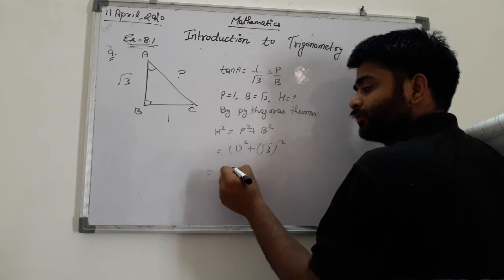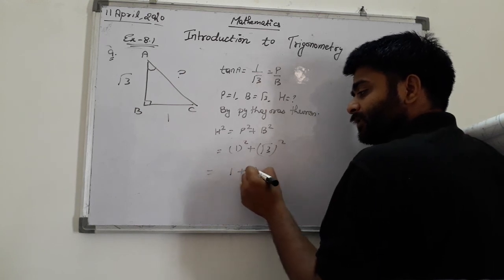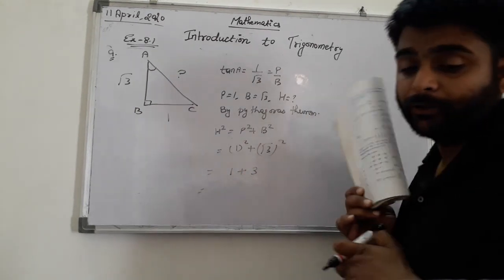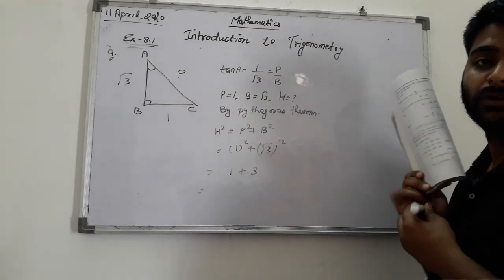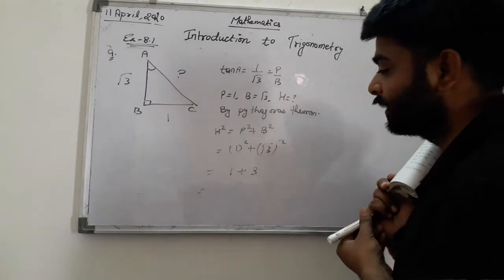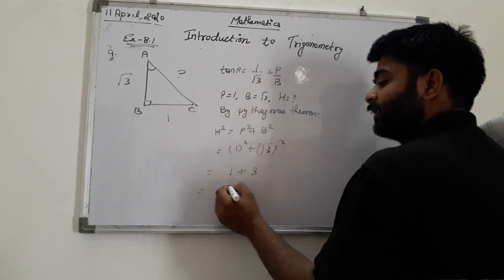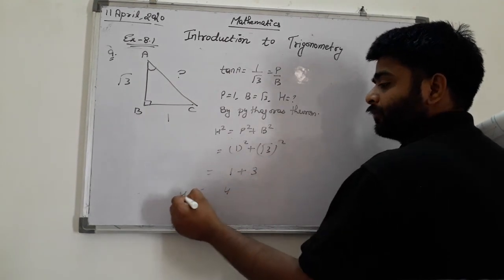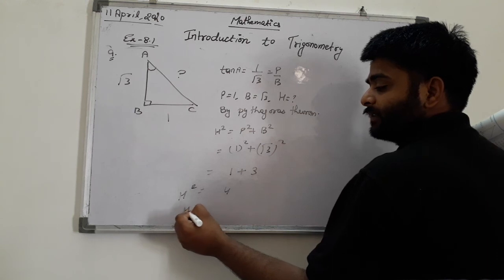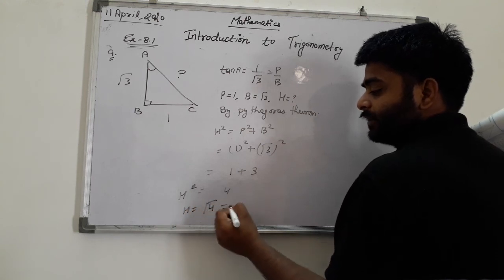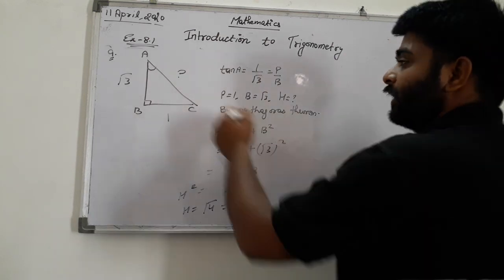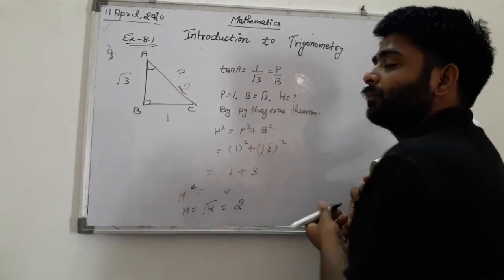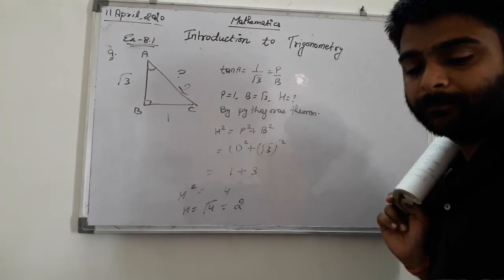So 1 square is 1 and B is 3, because root 3 has a square on it, so root and square will be cancelled out. So 1 plus 3 is 4. So H square equals 4, so H equals root of 4, that is 2. Is there any problem, class?